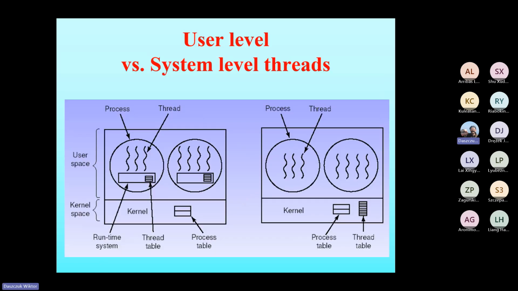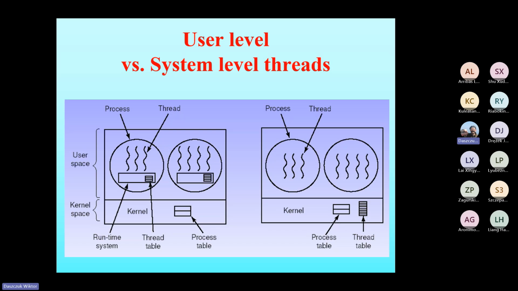And this is the difference between system-level threads and user-level threads. Here we have two processes, and here we have two processes. Here we have 3 threads in the process and 4 in this one, and the same here. However, we see something distinguished from the program that is called the runtime system.